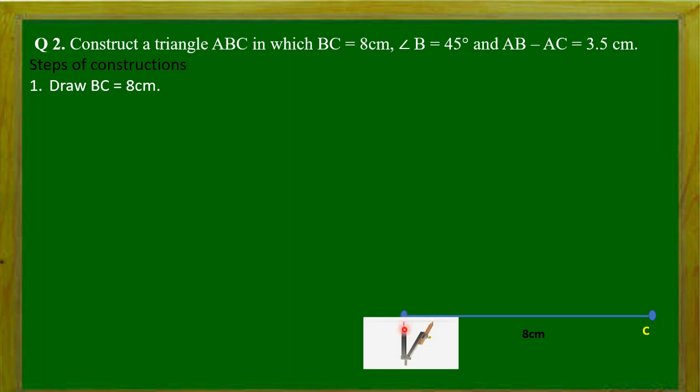As we know how to draw it, open the compass, place the pointer at point B and draw an arc which is a semicircle and intersecting the line segment BC at a point. Again place the pointer without disturbing the opening of the compass.